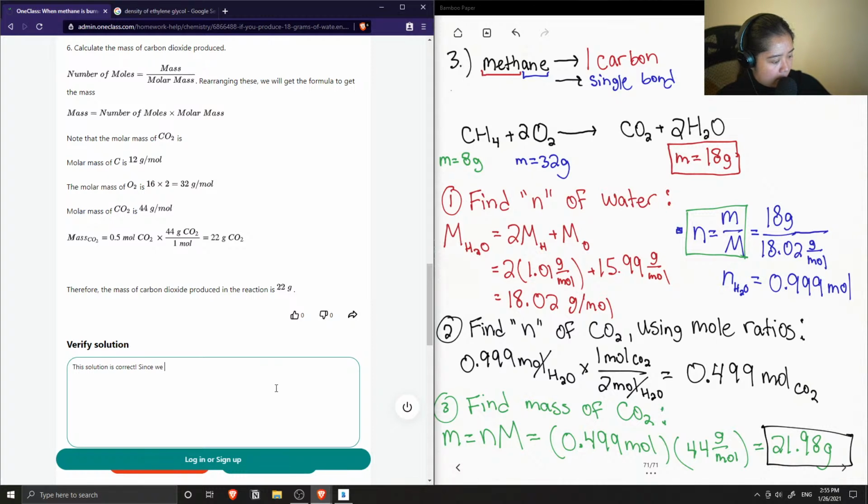Since we know the mass of water produced, we don't have to find the number of moles of CH4 and O2.